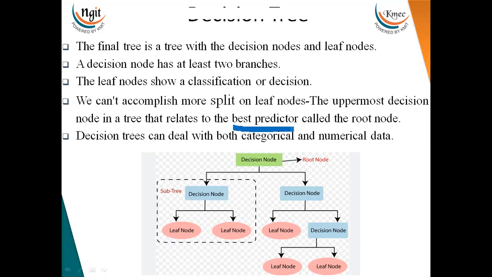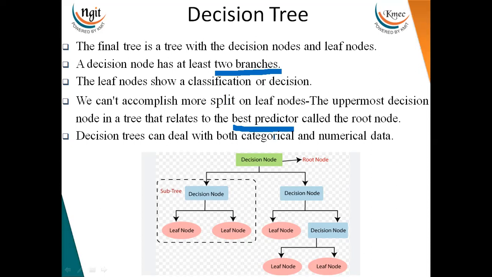Now, if your labeled data set shows only two classes, then it is binary classification. And if your labels belong to more than two classes, then it is multi-class classification. Here, decision tree expects at least two branches for binary classification, and for multi-class classification, each node will have more than two branches, and the leaf node shows you the final classification.